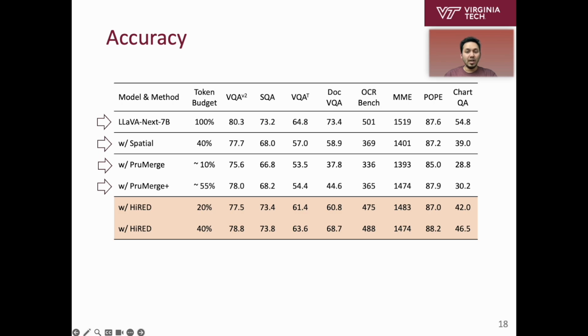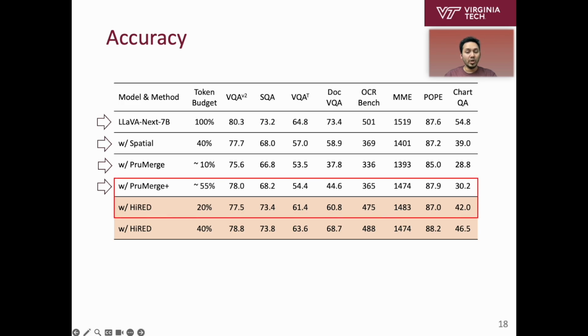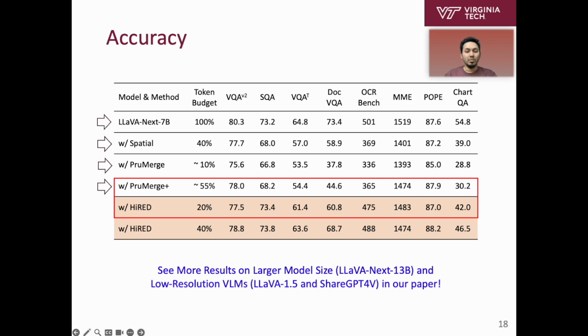In all cases, HiRED achieves higher accuracy using fewer tokens. For example, PruMerge Plus, which uses 55% of tokens on average, showed lower accuracy across almost all tasks compared to HiRED's fixed 20% token budget. Please refer to our paper for additional results on larger models and low resolution models.